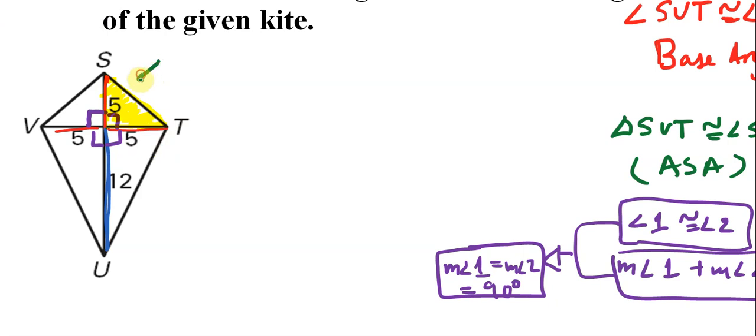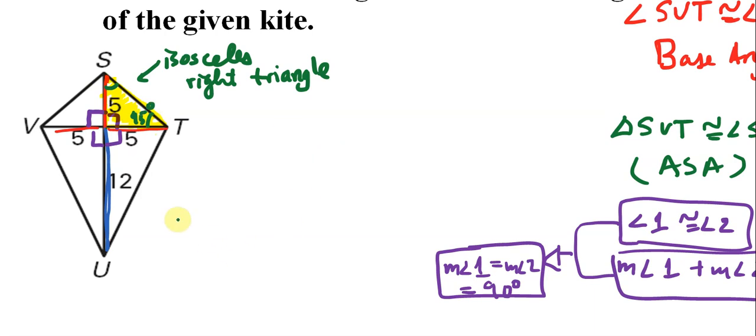So this is an isosceles right triangle. So that tells us that these angles here are 45 degrees. And the other triangle on the other side must also be 45 degrees.